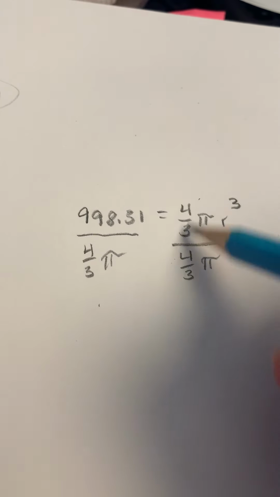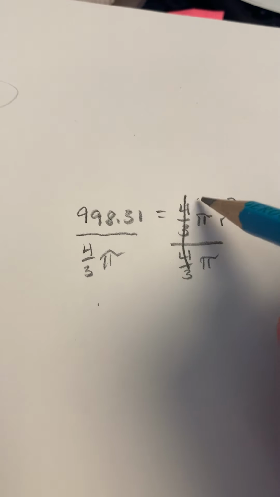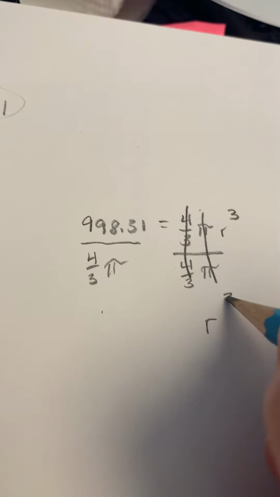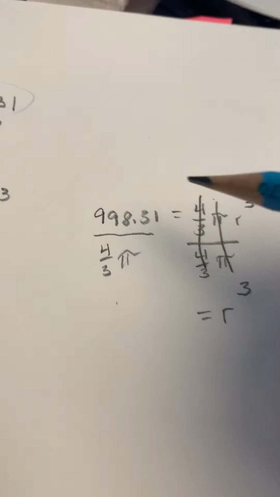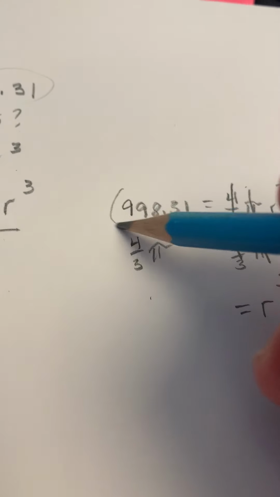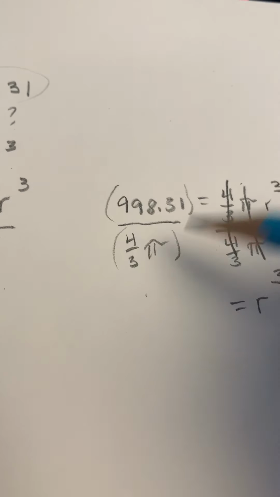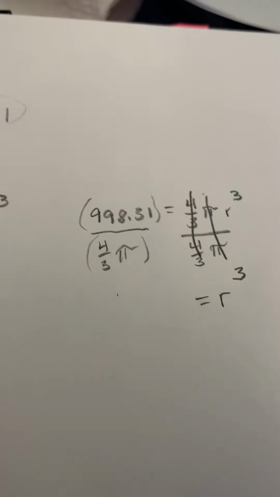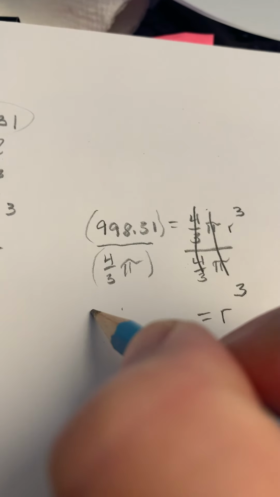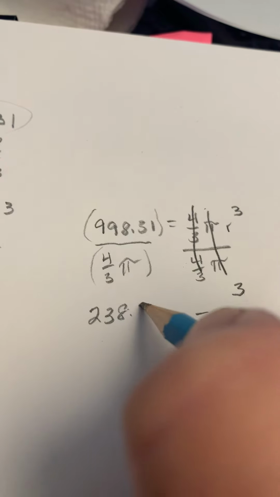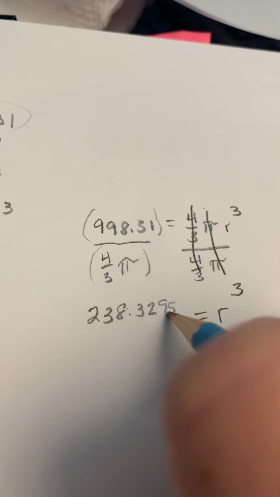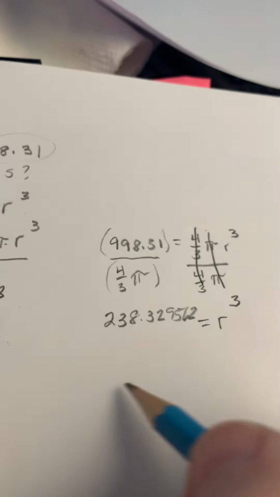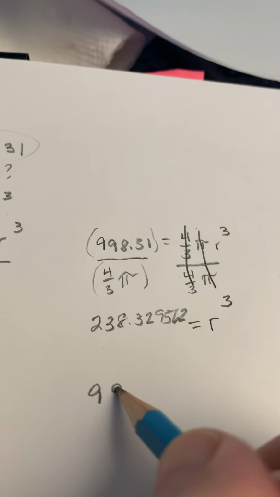Now remember, this is a complex fraction, but this is 1 and that is 1, and that will leave you with r cubed. When you put this in your calculator, just remember to group that, whichever calculator you're using. And you're still going to come to the very same amount, which is 238.32956.